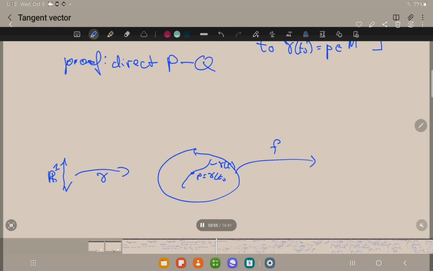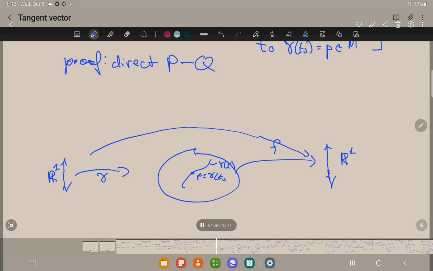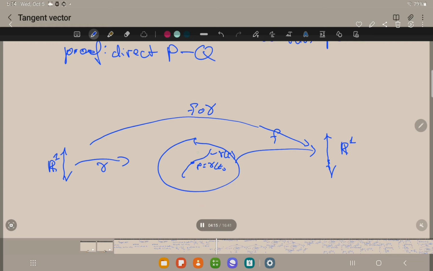And then, of course, you have a function going from M to R1. The composition function from R1 to R1 is just going from alpha, R1 to alpha, composed with F. So that would take you from R1 to R1.